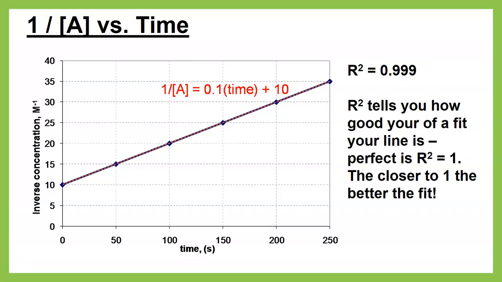An R-squared of 1 is perfect. That means it is literally a perfect line. So 0.999, that's pretty close to 1. So you would graph your 3 graphs, you would get your R-squared values, you'd see which one is best, and now you know which order you have.